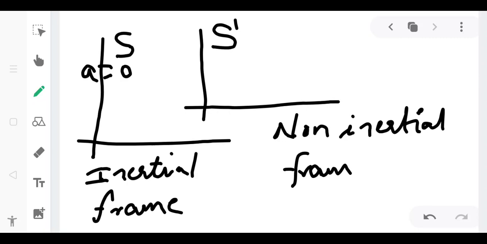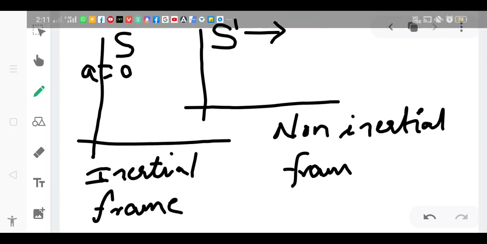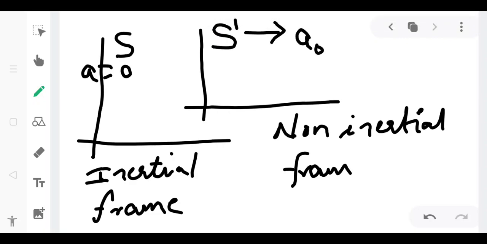Non-inertial frame of reference means this frame is moving with some acceleration, let it be a naught. Let us consider a particle P which is present in the non-inertial frame of reference. Now we have to calculate the acceleration of the particle which is present in the non-inertial frame of reference.